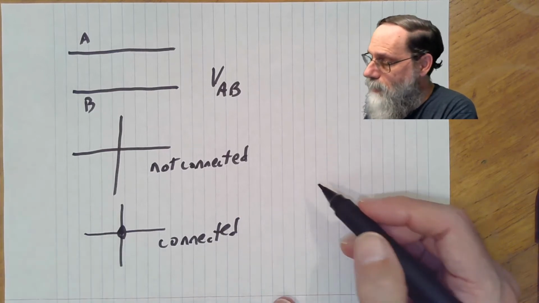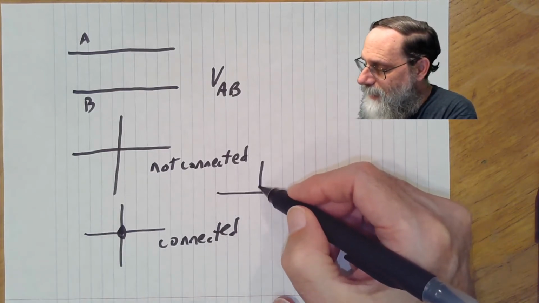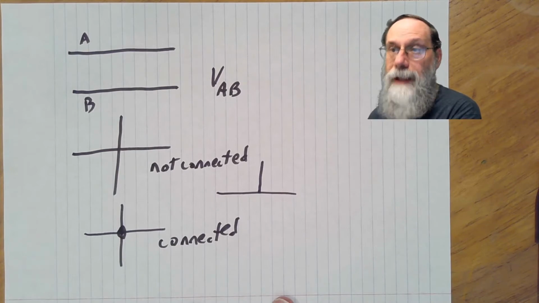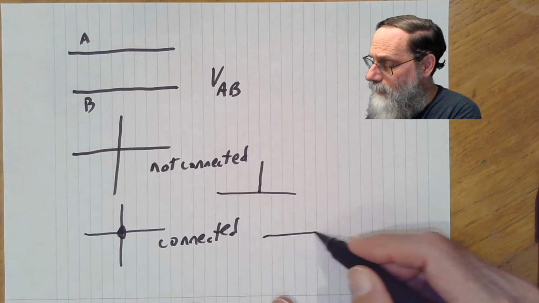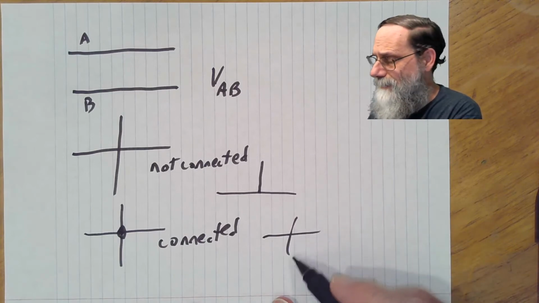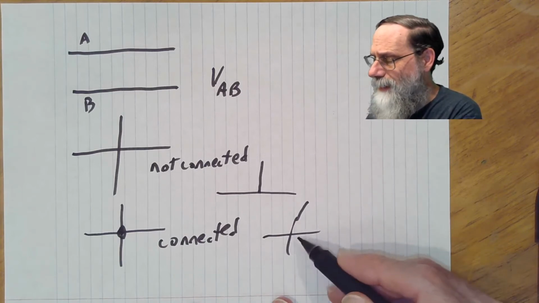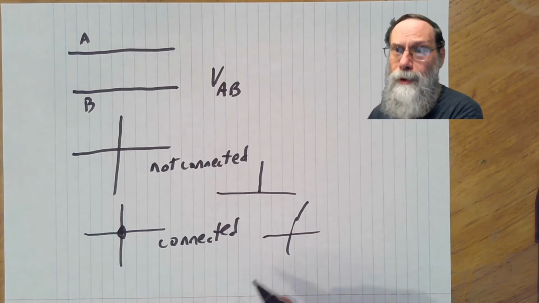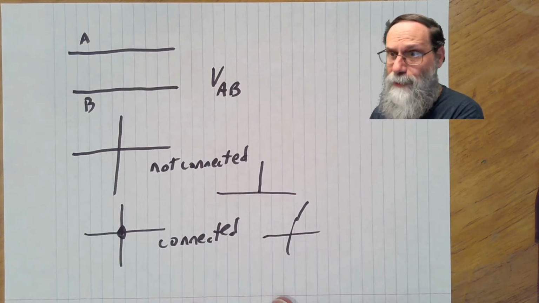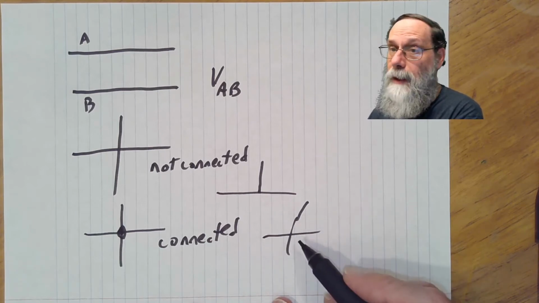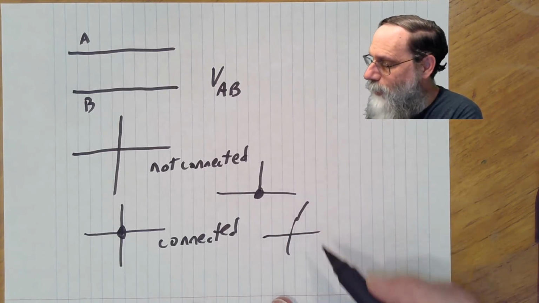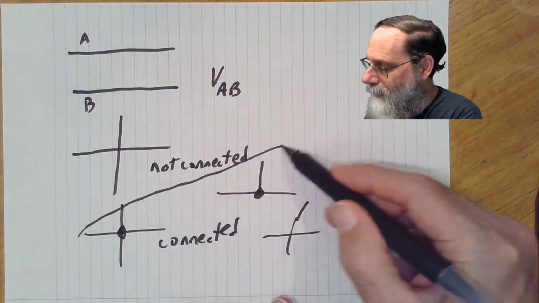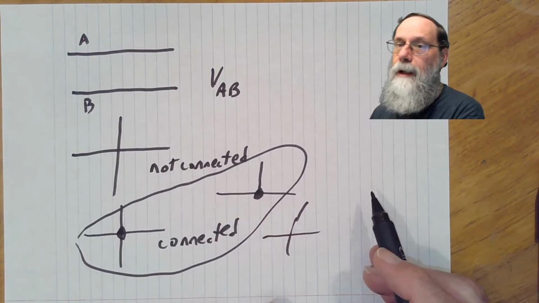Now there is a convention that if you draw a T connection like this, it means a connection. But that can be kind of ambiguous because with sloppy drawing like that, were those supposed to be connected and it just went too far? Or were they not supposed to be connected and it just hasn't finished drawing the line? Confusing. So it's a good idea to always put the dot there so that the connection is always clear.